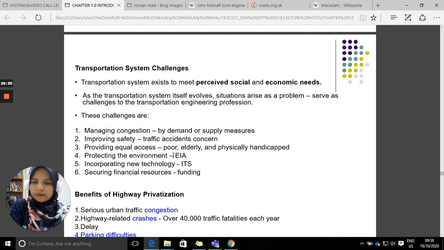Protecting the environment using the environmental impact assessment and providing a new technology. As I told you, we have the ITS, Intelligent Transportation System, right? Because there are lots of ITS that have been blooming in Malaysia. About the parking in Penang itself, they provide the smart parking, Penang smart parking, that is part of the ITS, right?